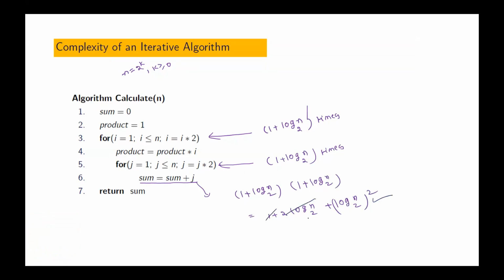The order of growth is log n whole square. Anyhow, for order of growth we don't require the base. So T of n is big O of log n whole square. Is that okay? Is that correct? Yes, sir. Okay.